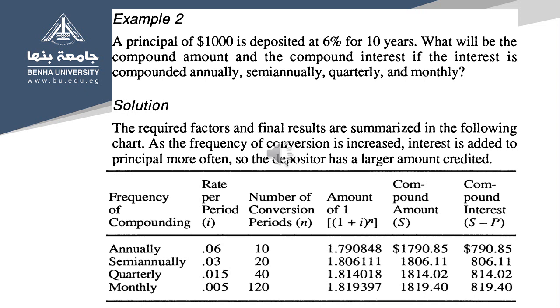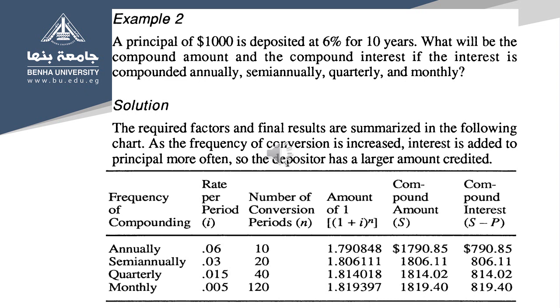Amount of 1 plus i to the power n, this is the amount of 1. Compound amount S equal P multiplied by 1 plus i to the power n. You can calculate your S, and also you can calculate your compound interest, S the sum minus P, the present value or the principal.